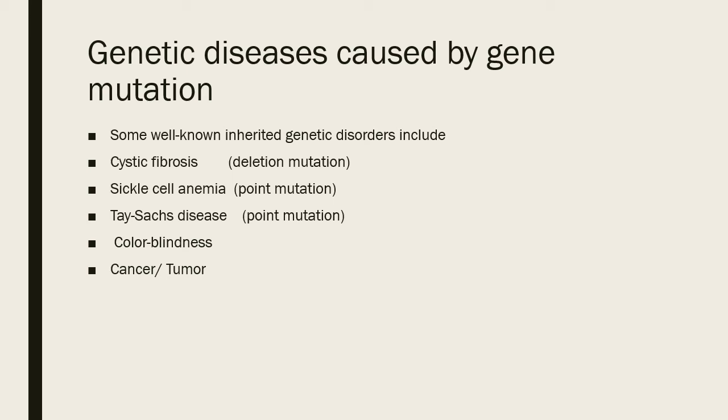Now, what are the basic genetic diseases caused by gene mutation? Some of the well-known inherited genetic disorders include cystic fibrosis, which is caused by a deletion mutation; sickle cell anemia, which is caused by a point mutation, in which only one nucleotide codon changes and there is a different amino acid change; and the other is Tay-Sachs disease, which is also due to point mutation.